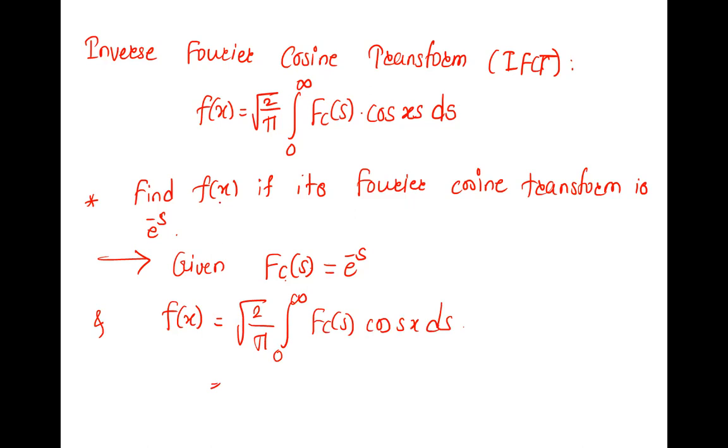Whenever you need to find the function in x, you should integrate with respect to s. What are the limits of integration? 0 to infinity. So as it is, F_c(s) is e raised to minus s into cos sx ds. We have to solve this.